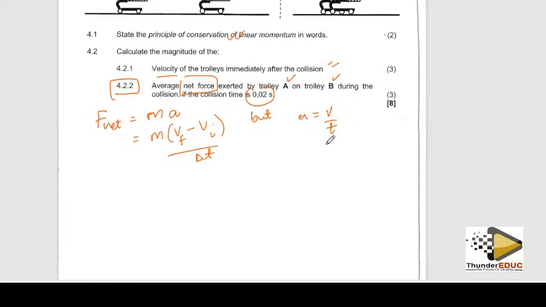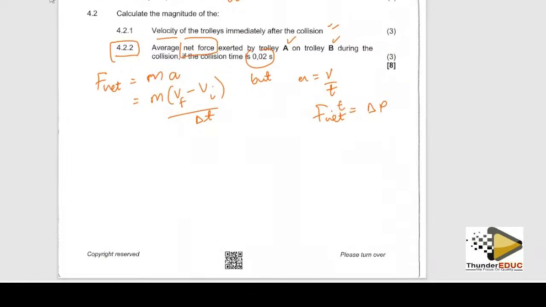Or someone can look at it as the net force being the change in momentum, so that F times t is equal to that. Then what we say from this, we know that our mass, we're going to use the mass of B, which is 5.3. The final velocity that we got was 0.23. The initial velocity of B was 0 since it was stationary, over the 0.02.